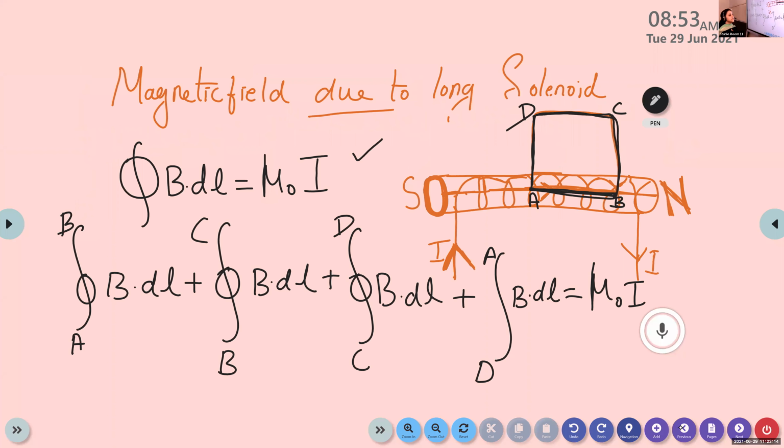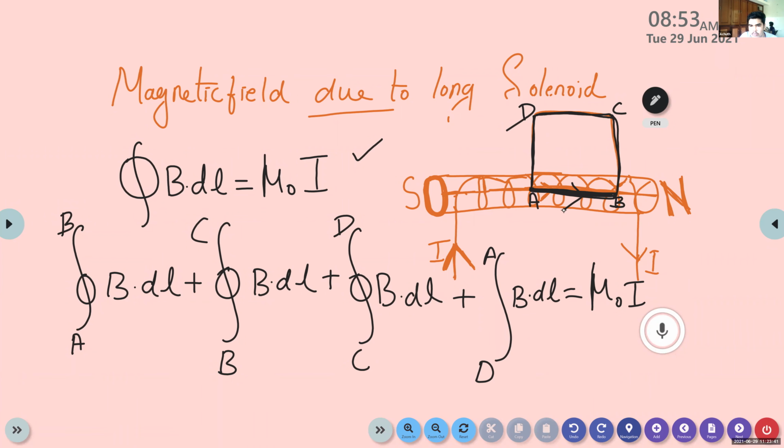From this figure, it is clear that the length AB and the direction of the magnetic field are along the same direction. Here we know that the direction of the magnetic field is pointing from south to north and the direction of AB is also along the same direction. So what about the angle between them, the magnetic field and the line segment?